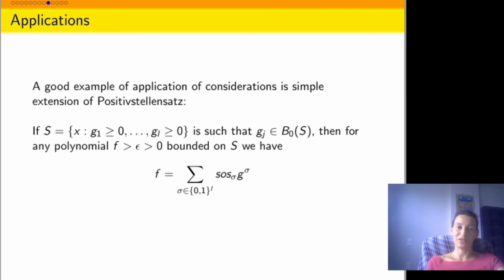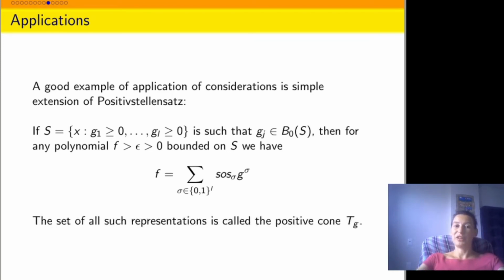So this is a representation where g to sigma is just g1 to sigma 1 times g2 to sigma 2, etc. And SOS sigma is a sum of squares of polynomials. This kind of representation is called the positive cone, TG. And in fact, this is already an extension of the standard Positivstellensatz for compact sets to the non-compact setting.